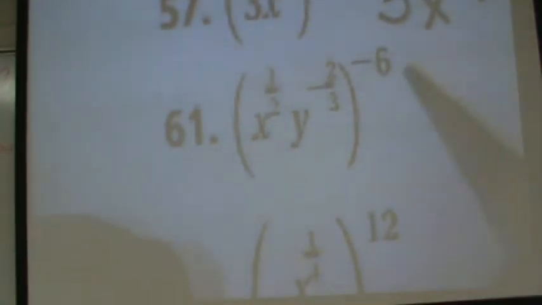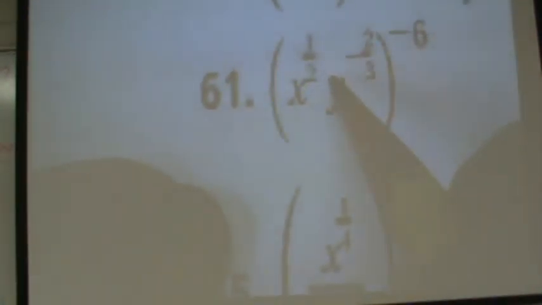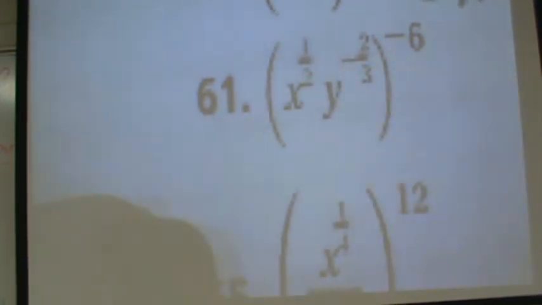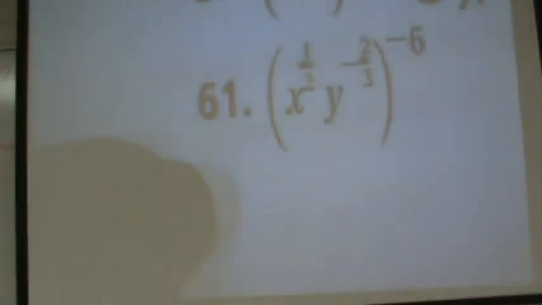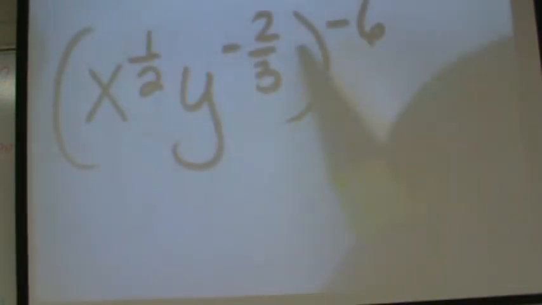61. This is going to be a power to power. I believe this is 1/2. So 1/2, you're going to distribute this power. X to the 1/2 power, y to the -2/3 power, raise it to the -6. So 1/2 times -6 is -3.